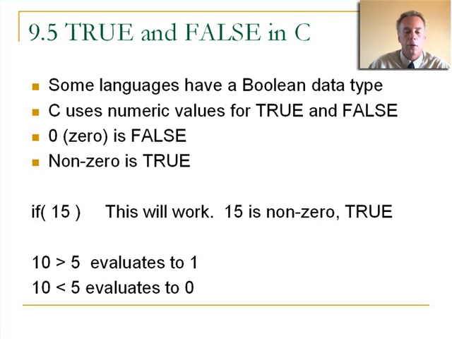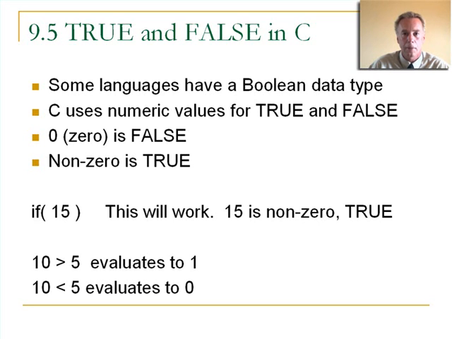Okay, this is a little bit of a tricky point in C. When C evaluates a relational operator and it decides true or false, it will evaluate to 0 or 1. For example, if we said if 10 is greater than 5, what does the 10 greater than 5 evaluate to? Well, up until now we've just been saying 10 is greater than 5, that's true.